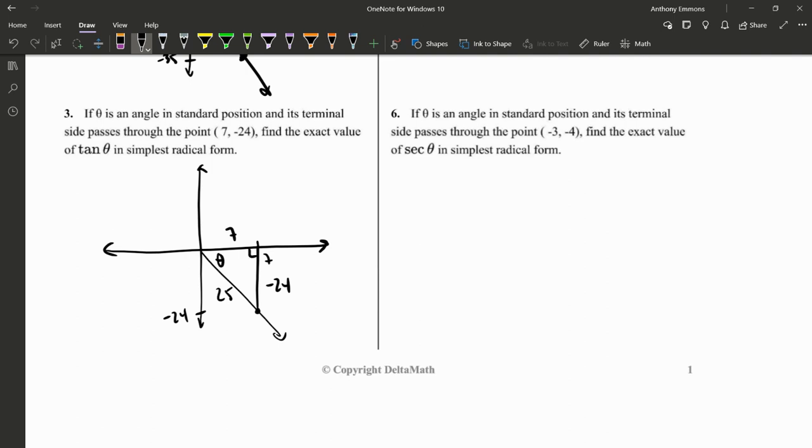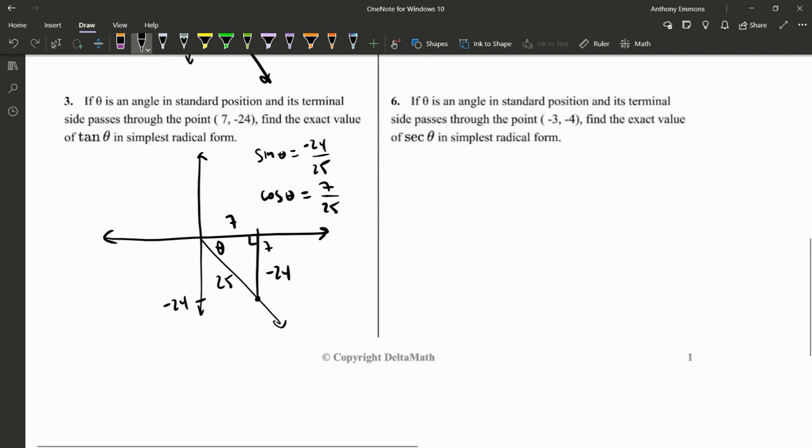But if this were my picture, I could say the sine of theta is opposite -24 over the hypotenuse 25. I could say the cosine of theta is the adjacent side 7 over hypotenuse 25.